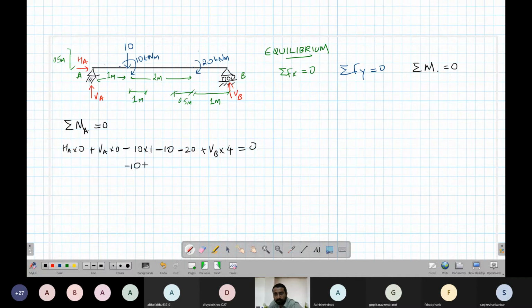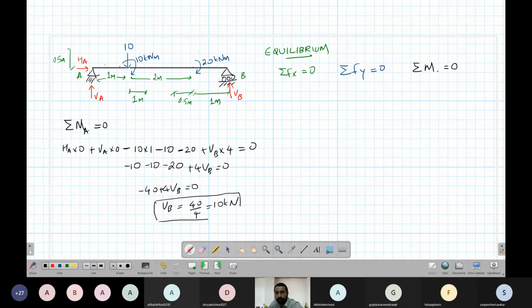So this is minus 10, there is another minus 10, there is another minus 20, plus 4 VB equal to 0. So 20, 30, 40, minus 40 plus 4 VB equal to 0. So that means VB equal to 40 by 4 equal to 10 kilonewton. The VB value is 10 kilonewton.